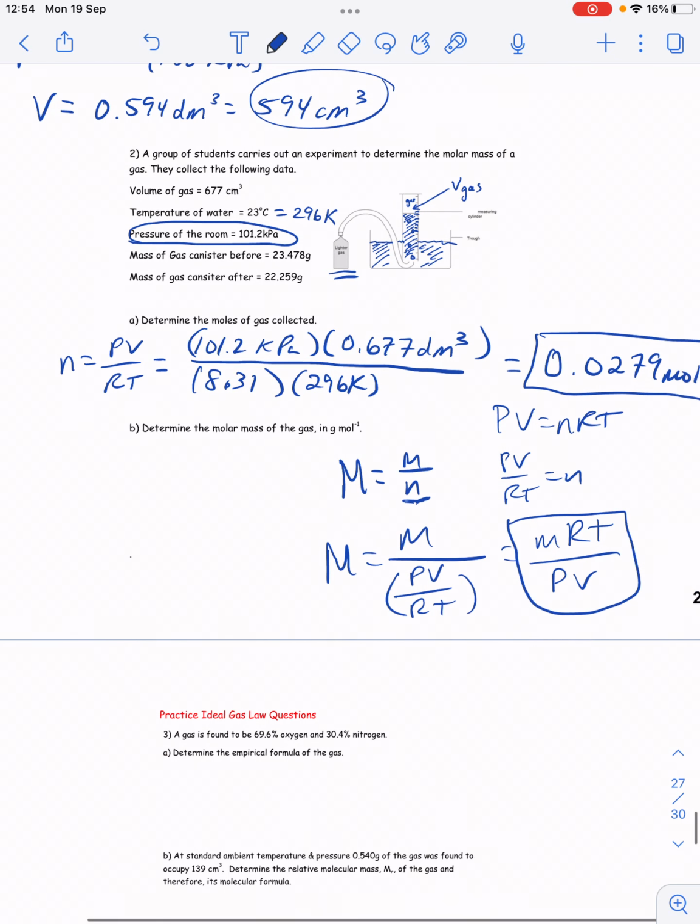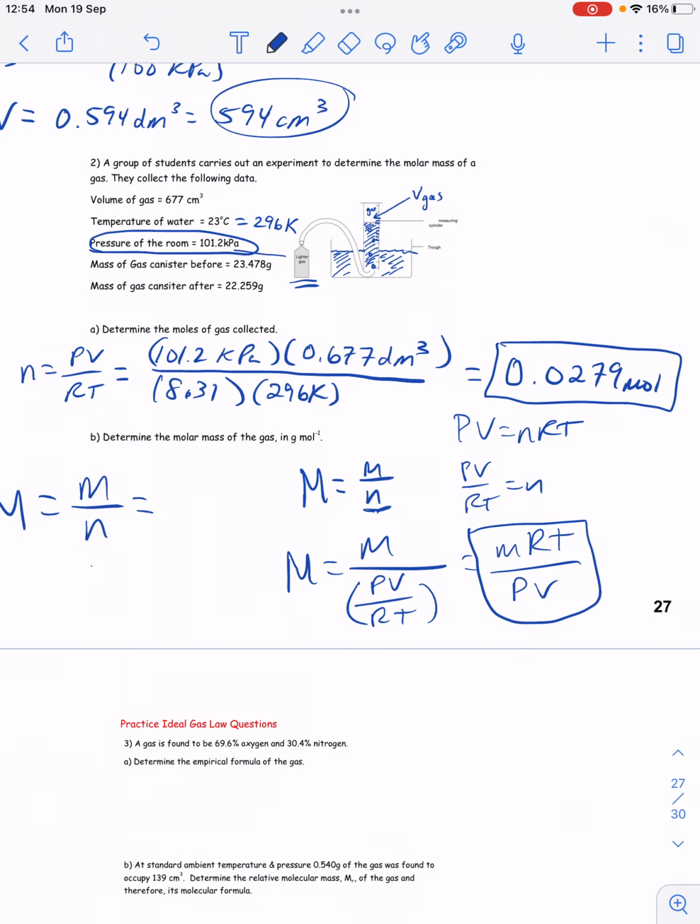And then it says determine the molar mass. Well, the molar mass is mass divided by moles. I've got the moles now. What's the mass? Well, the mass comes from these bits of data. In this type of lab, if you measure this canister of gas before and after you release the gas, then you'll know how many grams of gas went into the sample of gas.